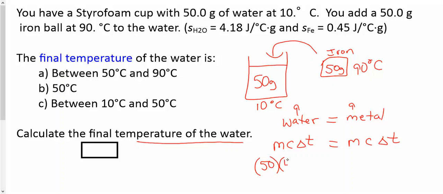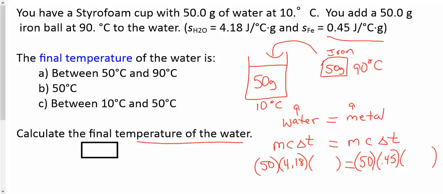The specific heat of water we know is 4.18. And the delta T we'll leave blank for now. The metal mass is 50 grams. The specific heat of iron they give us is 0.45. And the delta T we'll leave blank.